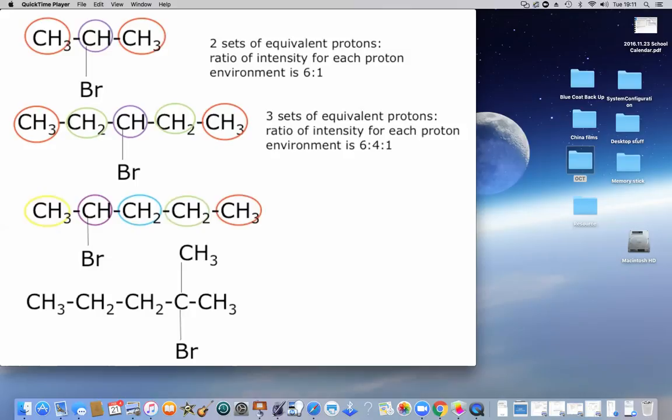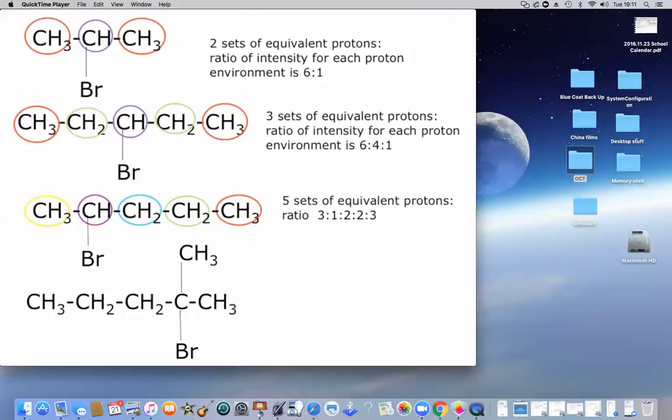The green one, 2 protons bonded to carbon, which is bonded to CH3 and CH2. The blue one in the middle, 2 protons bonded to carbon, so far so good. But this time we're bonded to CH2 and CH-Br, that makes it different. So we have 5 unique environments, 5 sets of equivalent protons, and they will appear in the ratio 3:1 to 2:3.